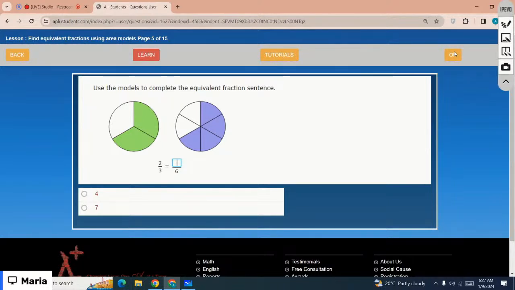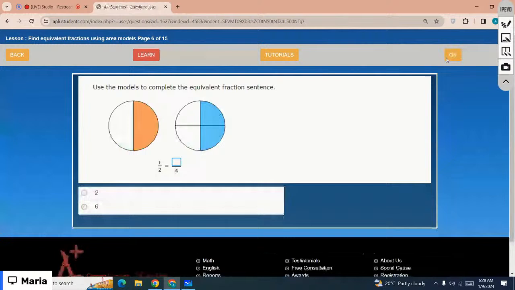Yes, that is 4 out of 6. The correct option is 4 out of 6. Use the models to complete the equivalent fraction sentence, which is the correct option.